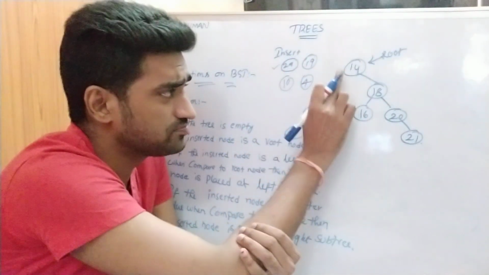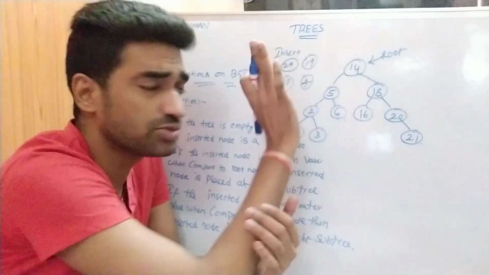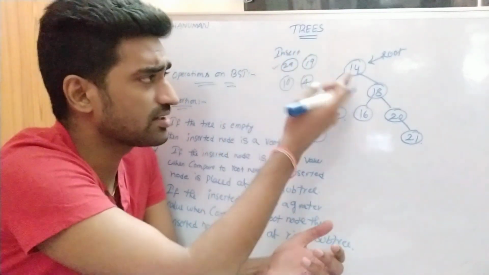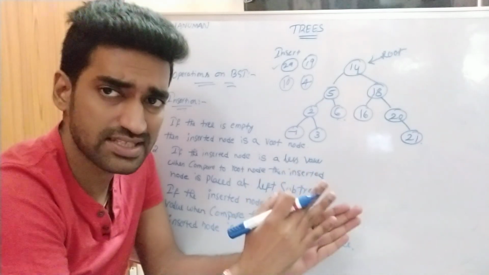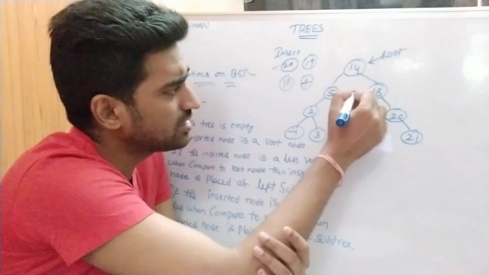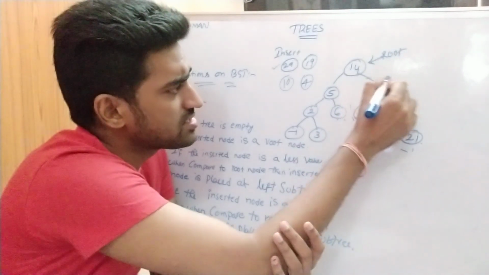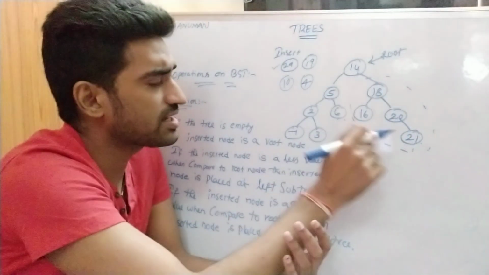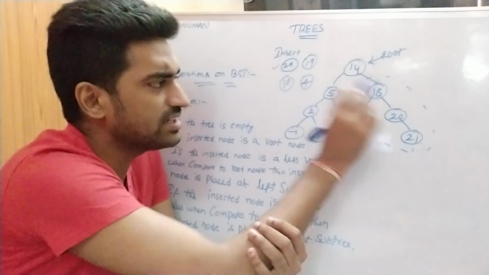Here, 29 is compared to the root. It is a greater value, so obviously it is placed at the right subtree. What is the right subtree? This is the right subtree. For this right subtree, what is the root node? 18.